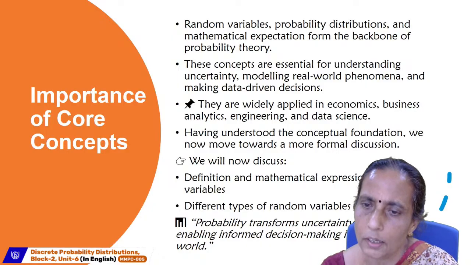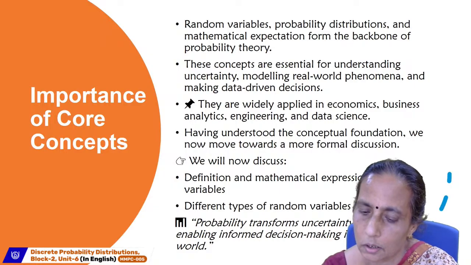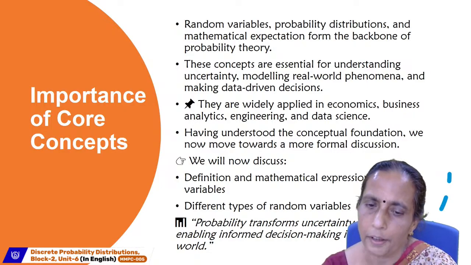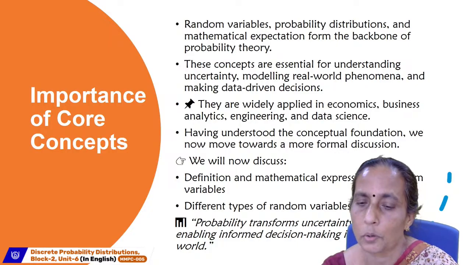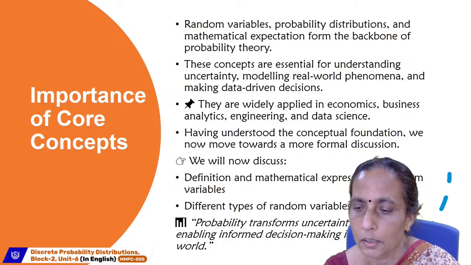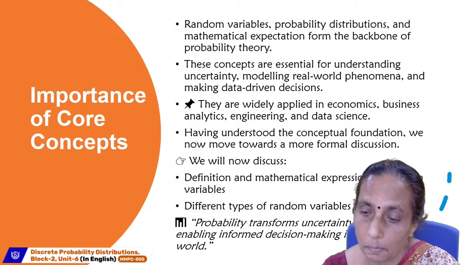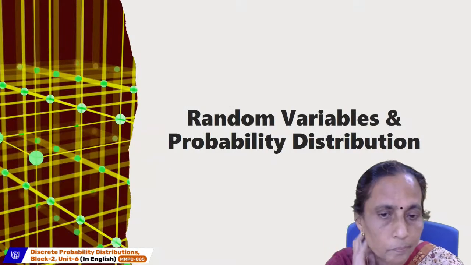So, having understood these conceptual foundations, we now move towards our more formal discussion, that is the mathematical definition and expression of random variables, and different types of random variables. These core concepts transform uncertainty into insight, enabling informed decision making in an unpredictable world.